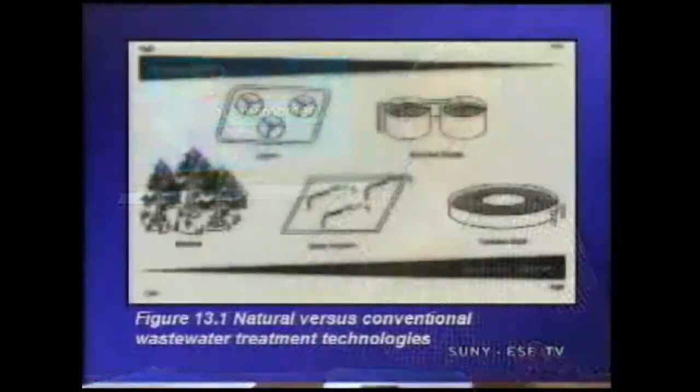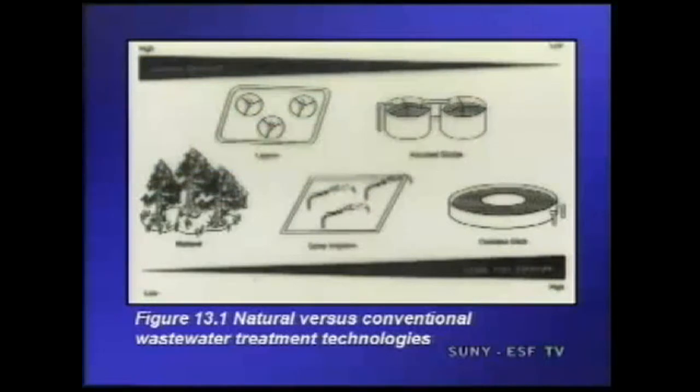Okay, this slide shows you that it's not black and white. There's a continuum, and you can see a wetland on one side, various forms of modern standard engineering practices. But as you move along this continuum toward the wetland, fossil fuel energies decrease and the solar inputs increase.